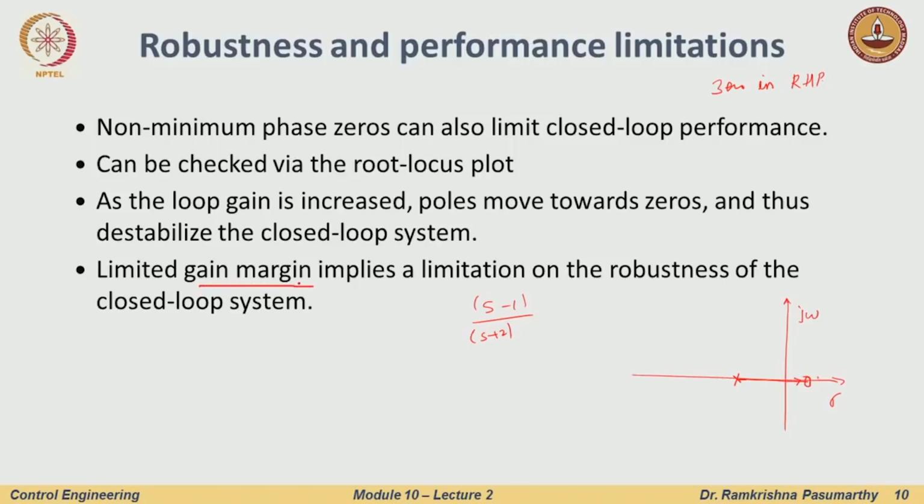And if the gain margin is limited, it would imply that the system has lesser robust stability properties. Contrast this with the case where we had a transfer function of s over s plus 1, a pole here, it was stable for all k, no matter what you do. So, this is the effect of a right half plane 0, where it introduces some additional performance limitations.